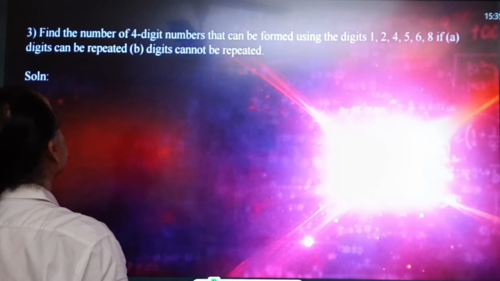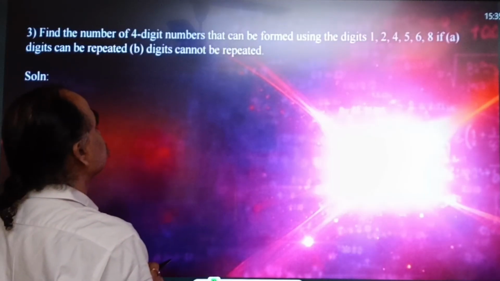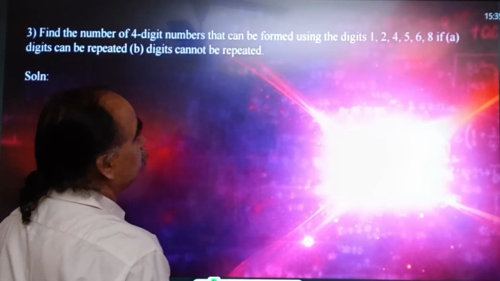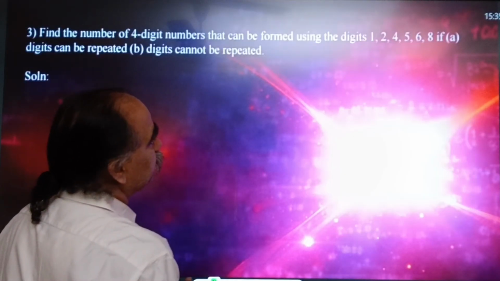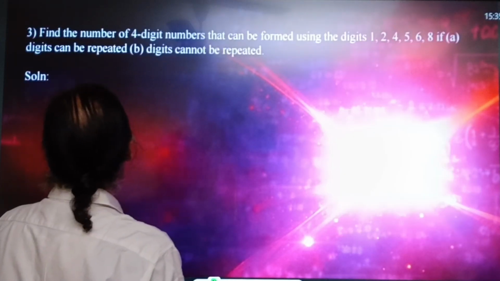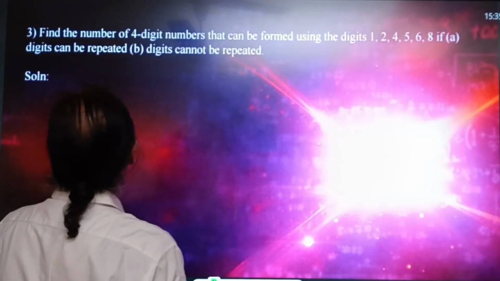Find the number of 4-digit numbers that can be formed using digits 1, 2, 4, 5, 6, 8, if digits can be repeated.